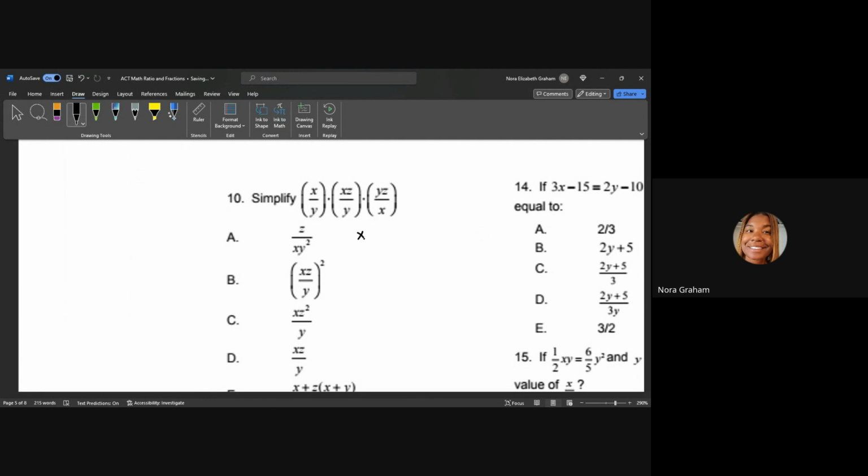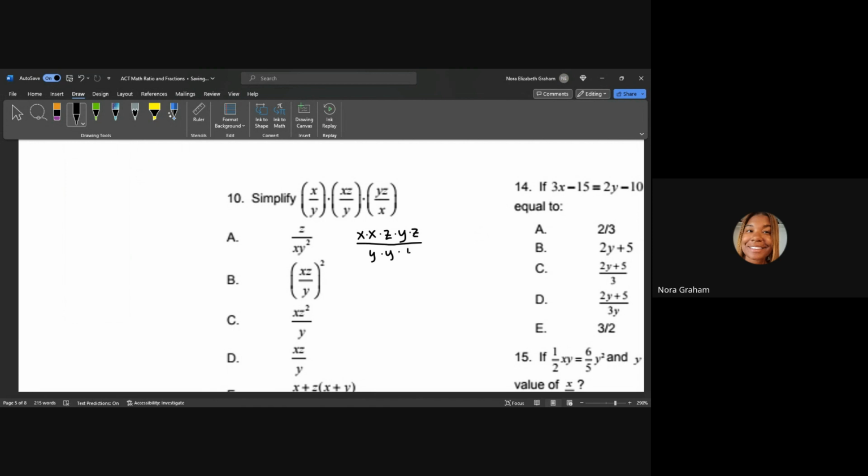I multiply all of my numerators: x times z times y times z. Now all my denominators, multiplying those out, it's just y times y times y.